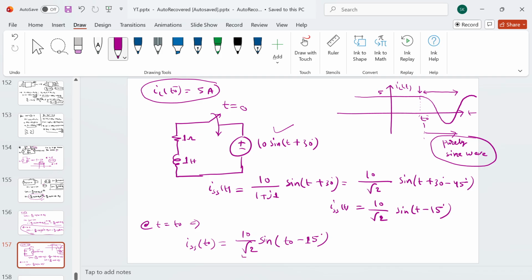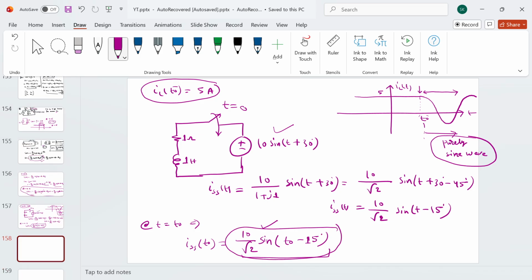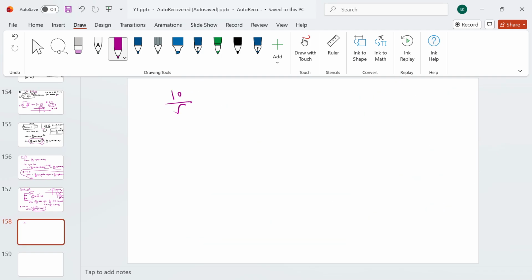This is the current that is demanded at t equal to t naught. But if this particular current becomes equal to 5 ampere, then there will not be any kind of transient, right? So I should equate 10 by root 2 sine(t naught minus 15) equal to 5 ampere.